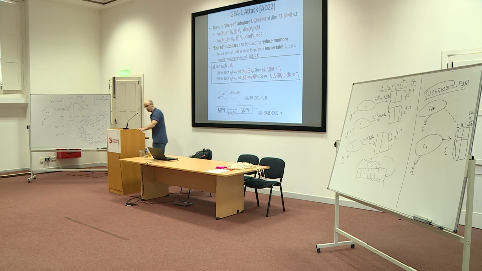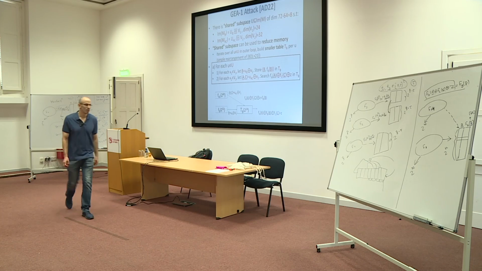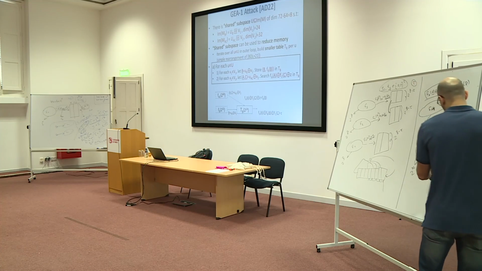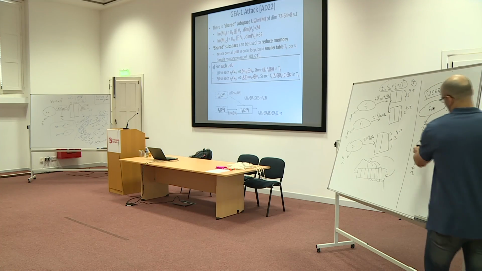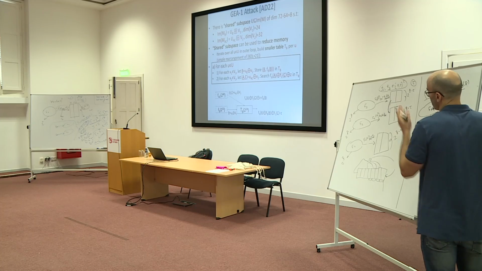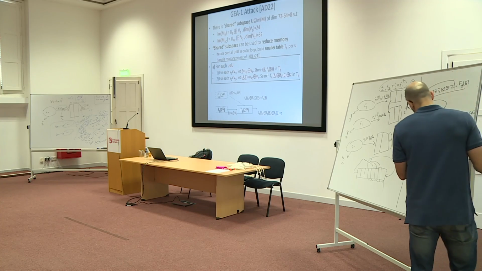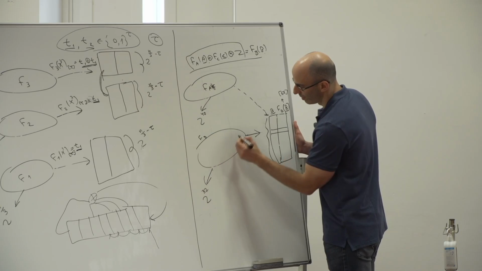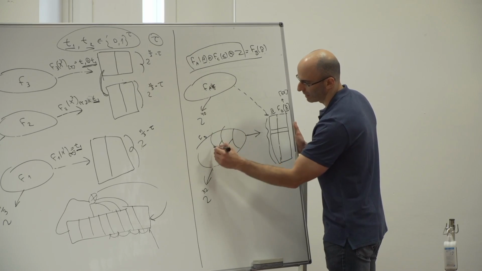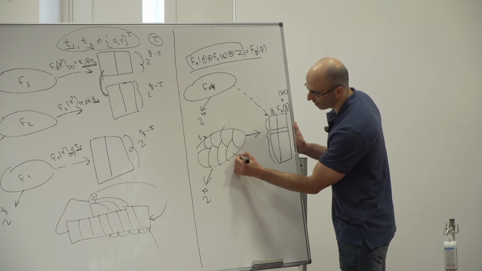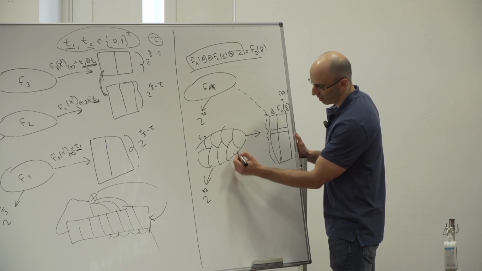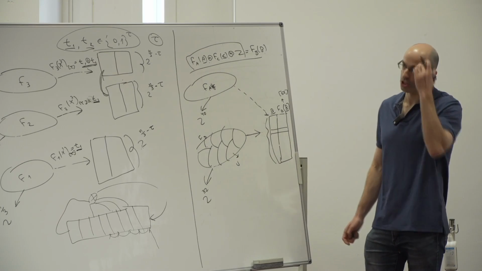Let me draw it here. So we have this FA and FAC. Now that we have this common subspace, it allows you to divide this domain into 2 to the 8 pieces. Each piece corresponds to a vector in U, in this shared subspace.